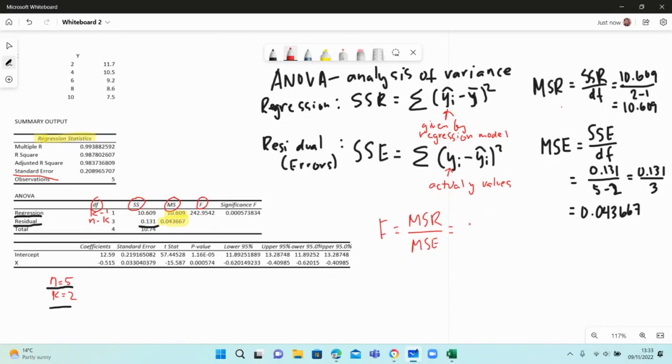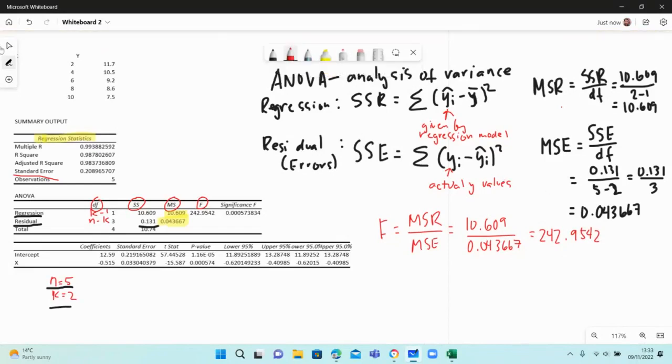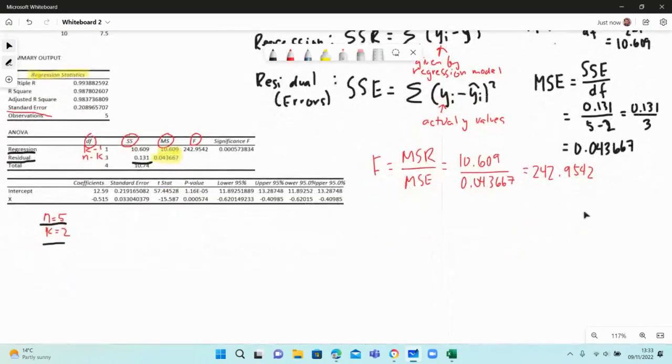And so in this case, this is just equal to 10.609 divided by 0.043667. And this should give us 242.9542.